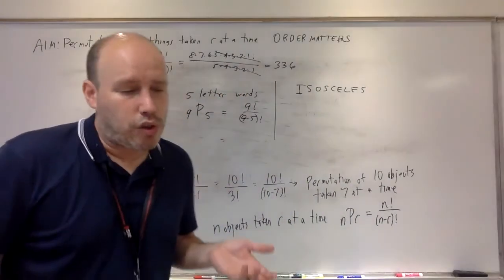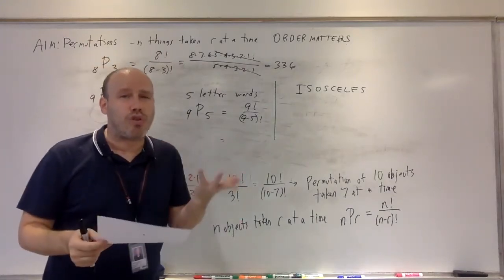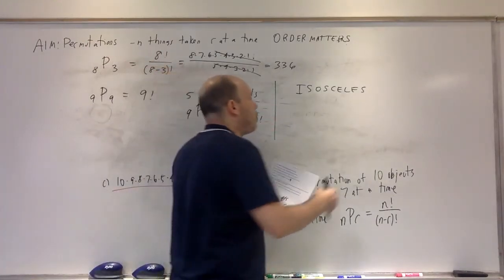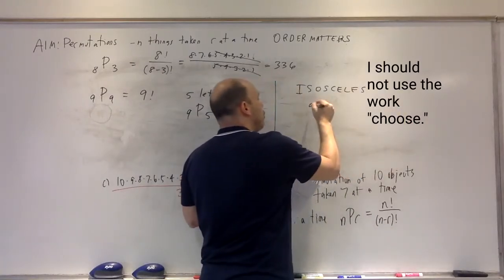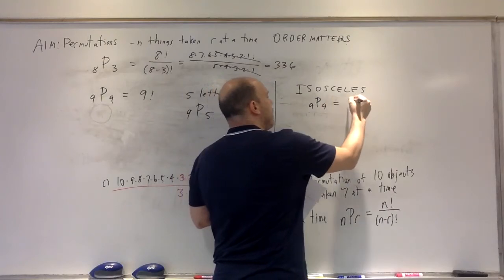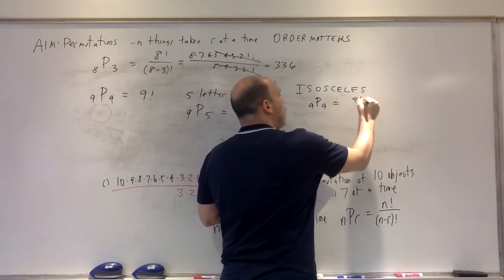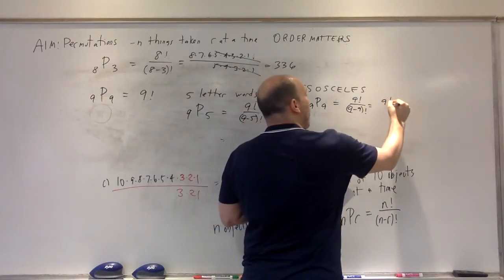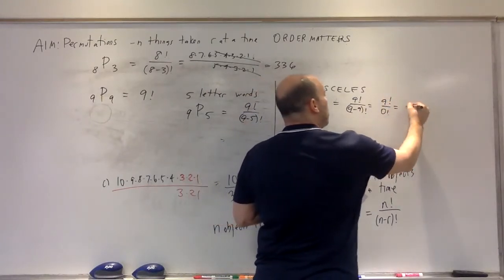And the question is, how do we find how many different words? Well, your first instinct might say, well, Mr. Adler, it's just 9 factorial, because 9P9 is 9 factorial over 9 minus 9 factorial, which is 9 factorial over 0 factorial, which is 9 factorial.